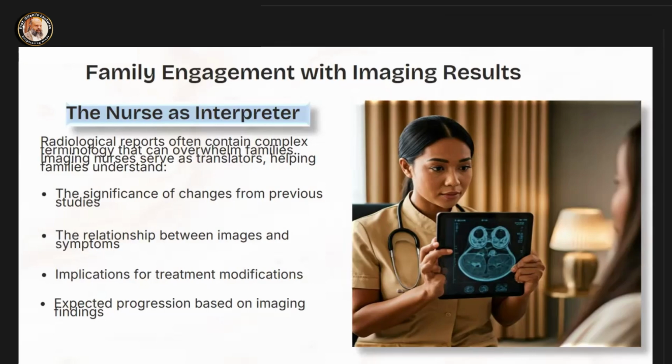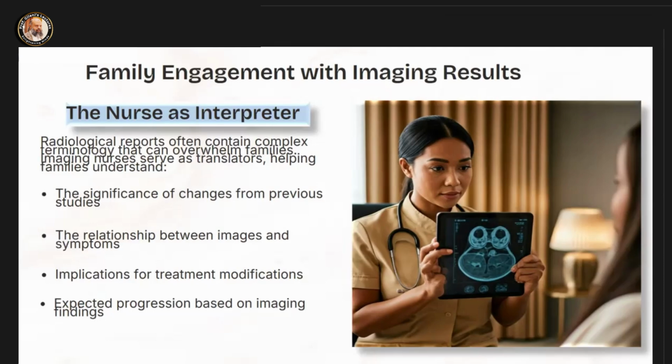When families comprehend imaging results, self management behavior shows measurable improvement, family anxiety decreases, medication adherence improves by up to 60%, and attendance at follow-up appointments increases by 40%.